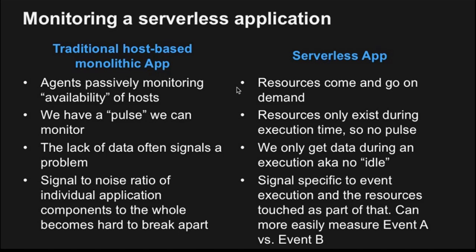We only get data when an actual execution is performed. It is easier to distinguish an event from various services, for example, event A versus event B or C. You can distinguish them based upon the data that you have in a serverless application. And also, as with any AWS service, you're not paying for idle time. You're in the pay-as-you-go model, and you are paying for the resources that you're using.